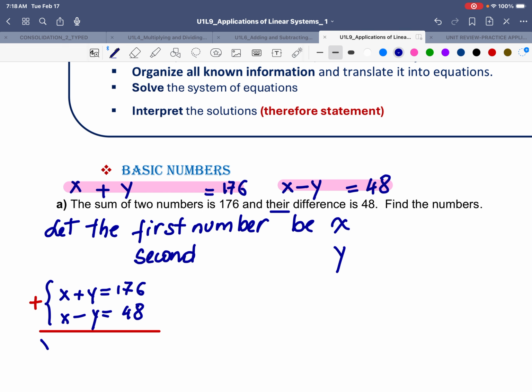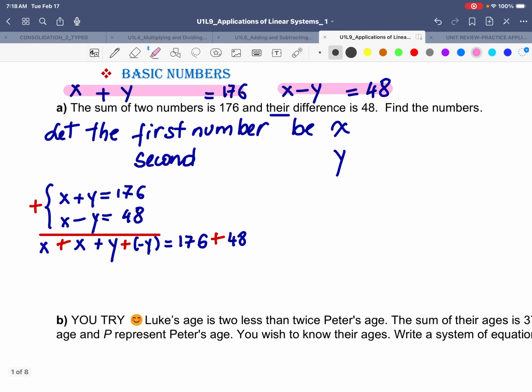So here we go, x plus x, and then plus y plus negative y equals 176 plus 48. Plus y minus y will simplify to nothing.